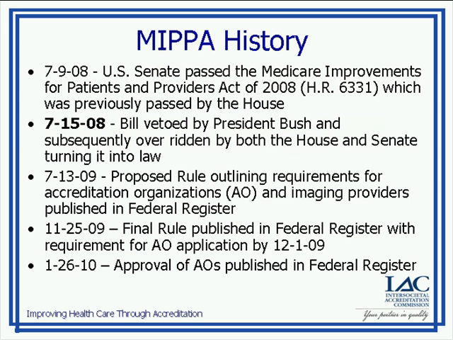The interesting thing is that the final rule, published November 25th, 2009, specified what our application had to contain, and it had to be submitted by December 1st, 2009, 6 days later. I'm happy to report we met the deadline, and on January 26th of 2010, we were officially approved as an accrediting organization in the Federal Register.